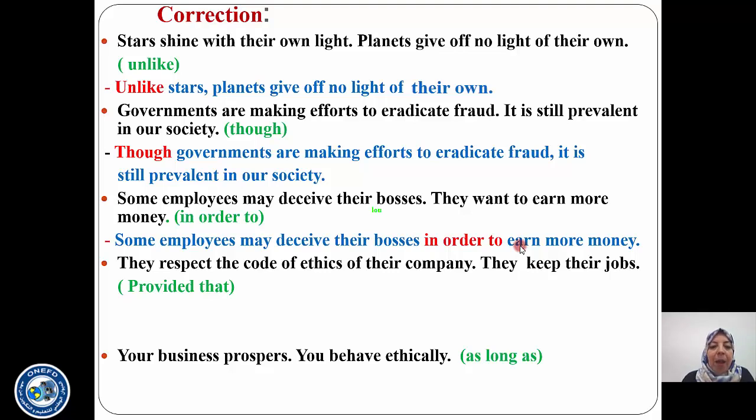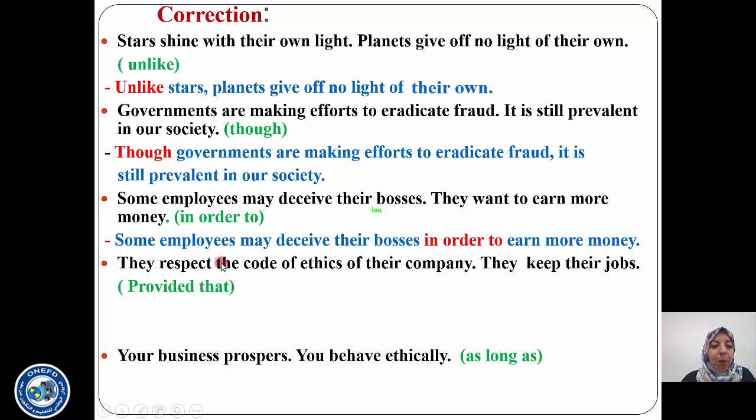Next sentence. They respect the code of ethics of their company. They keep their jobs. Okay? With "provided that", or "providing that", it's the same, to express condition. Now, which one is the condition? Is it the first or the second? Of course, respecting the code of ethics is the condition for keeping their jobs. So, "provided that" should be in the beginning.